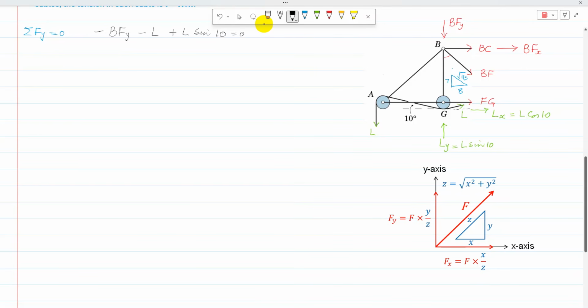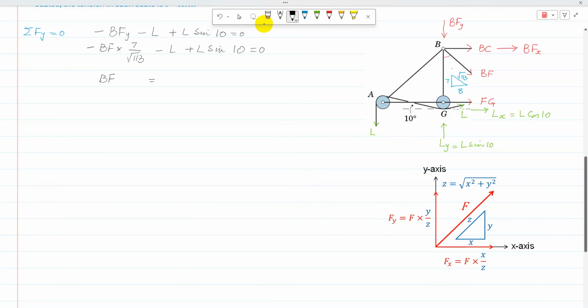Now using that triangle and the fact that Fy is equal to F times Y over Z, BFY is minus BF times 7 over root 113, minus L plus L sine 10 degrees equal to 0.